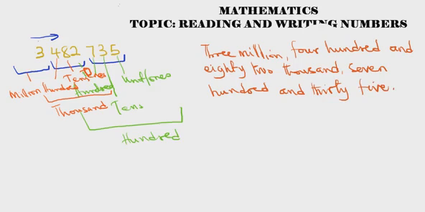Now you can see that we'll be able to explain how a number can be identified by the place value, and how we can use the knowledge of the place value to read a number up to 1 million, and also to write a number up to 1 million.